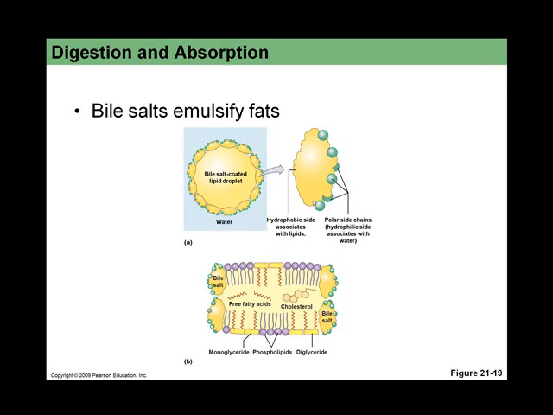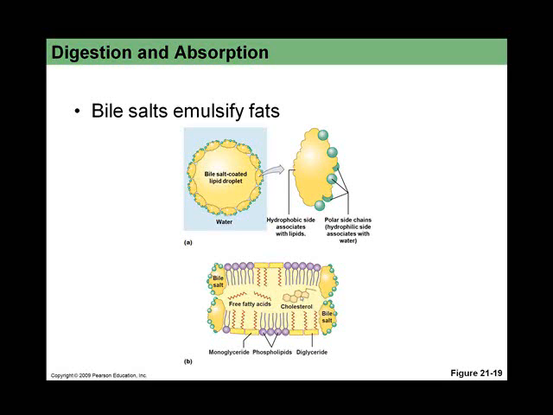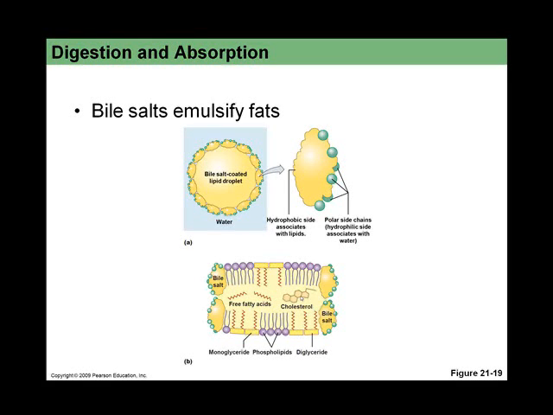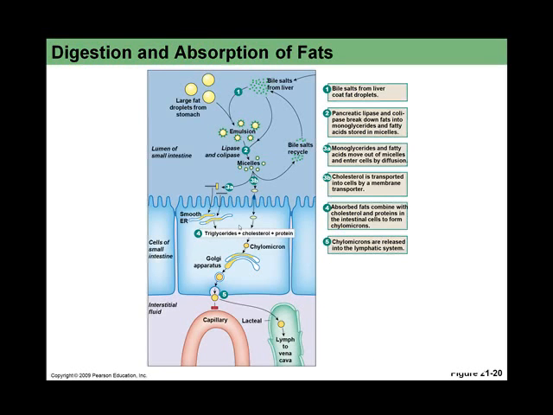So this is very important for the formation of micelles. And we also see the phospholipids get incorporated into this structure shown in panel B, which are the micelles, the small discs, with bile salts, the phospholipids, the fatty acids, the cholesterol, and the mono and the diglycerides. And so this is what, of course, is going to be absorbed.